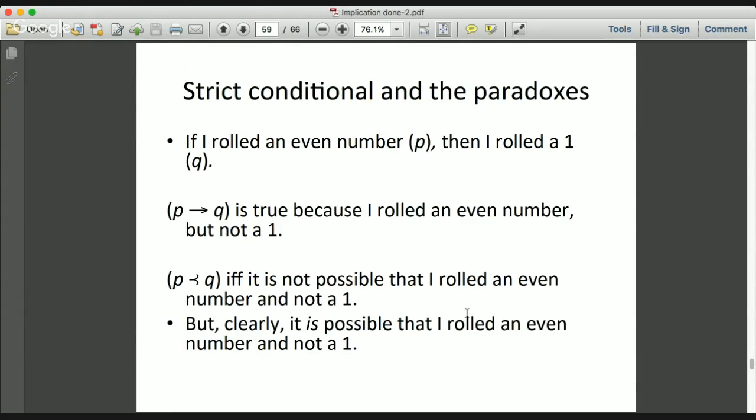Right, so let's just chuck it in and see if it solves the problem. So we say if I rolled an even number, then I rolled a 1. So if P, then Q. That's true because I rolled an even number, but not a 1, right? Is that right?